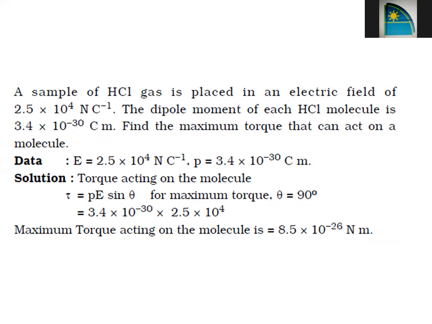Torque means a kind of rotatory force, like the example of opening a tap. So torque, denoted as tau, is equal to PE sine theta, where P is the dipole moment of that particular molecule and E is the electric field in this case. So tau is equal to PE sine theta.